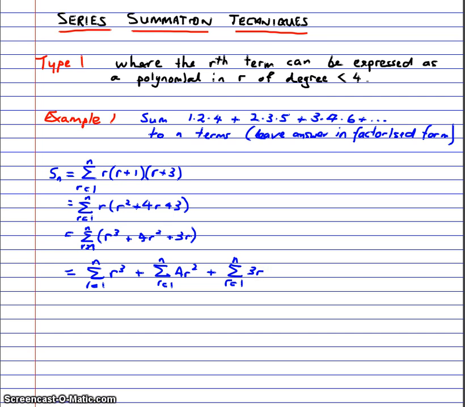Okay, so we've split it into 3 separate series, and remember we've got a constant here times the function, so we can put this 4 out the front and we can put the 3 out the front.